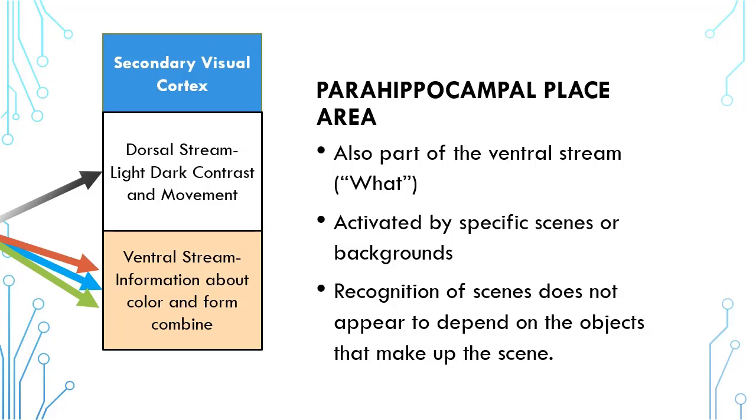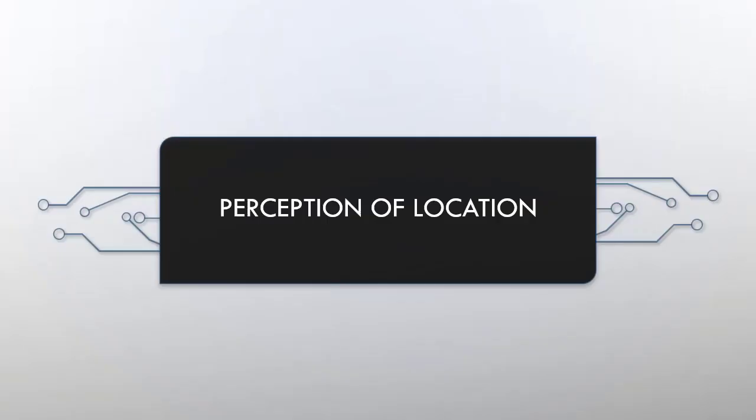It's actually that all of these are processed as kind of one giant context. So somehow the parahippocampal place area is able to group these things in a way that's different than when we look at the features of faces or specific objects. Moving on to the perception of location.